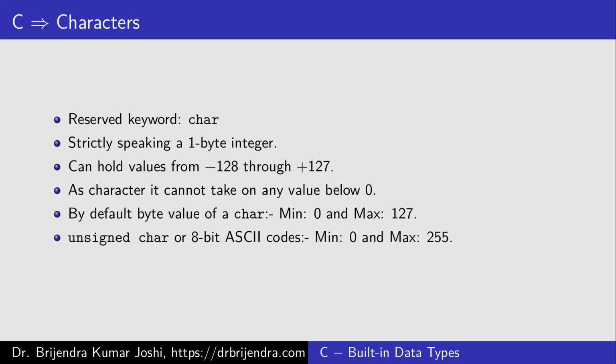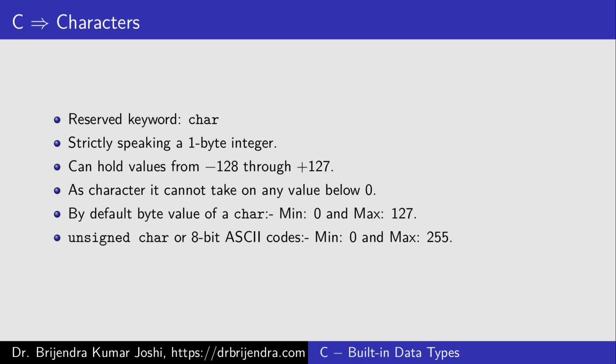Now the next built-in data type in C is character. The reserved keyword is char, C-H-A-R. Strictly speaking, char is a 1 byte integer in C. We can make use of it as a single byte integer, and in some other video, perhaps the next video, I will demonstrate how it can be used as a 1 byte integer. It can hold values from minus 128 through plus 127.